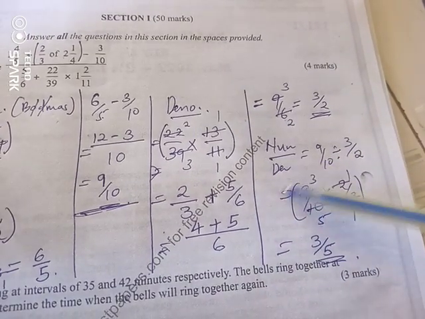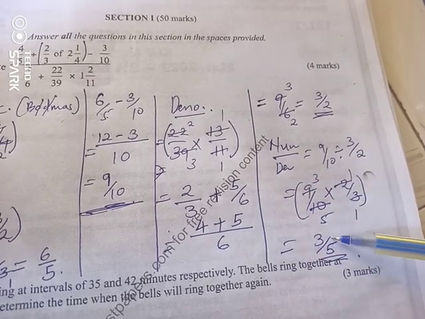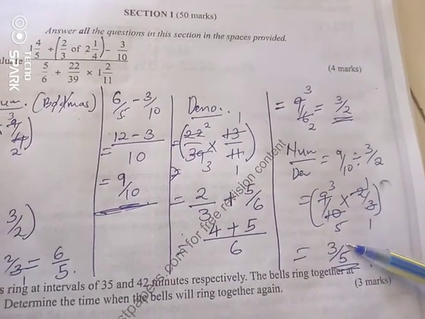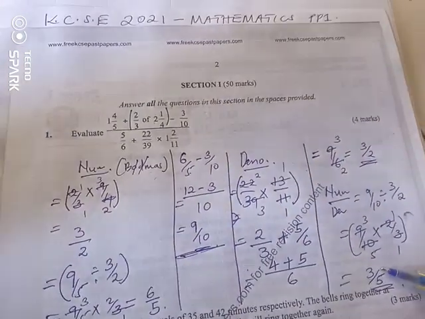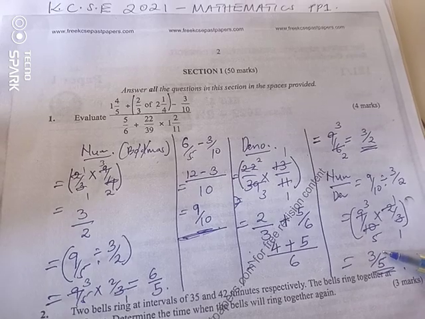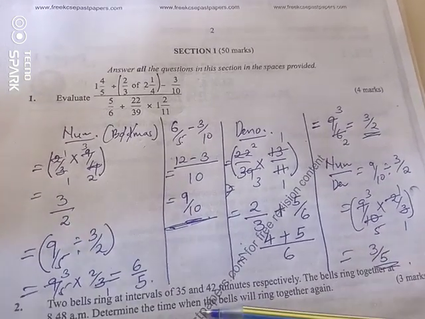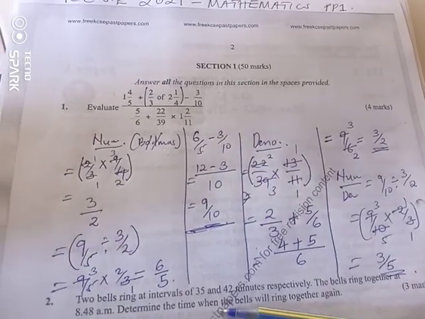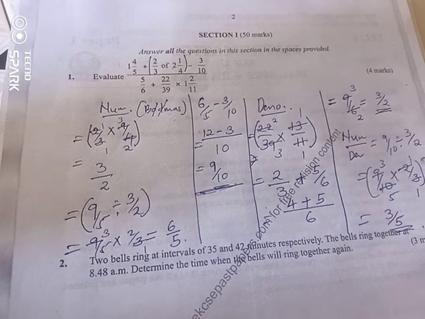Then combining the two, we still obey BODMAS, we reciprocate, and we finally arrive at 3 over 5. Free marks, guys, to my students. You cannot miss this. I don't think an exam can miss a question on fractions, combined operations on fractions. It's either fractions, decimals, or numbers.